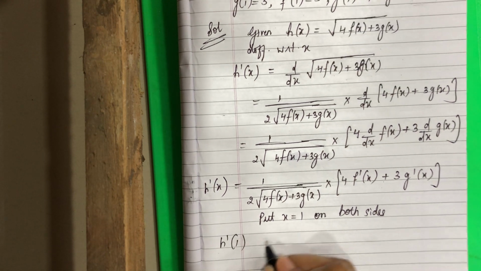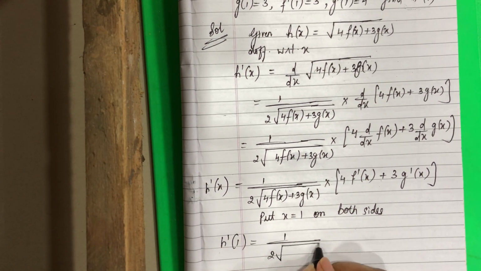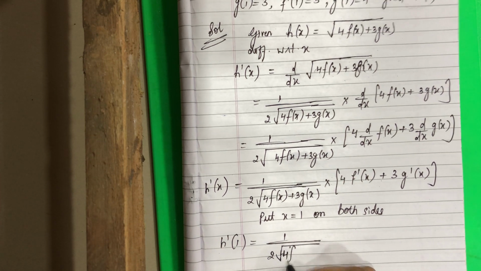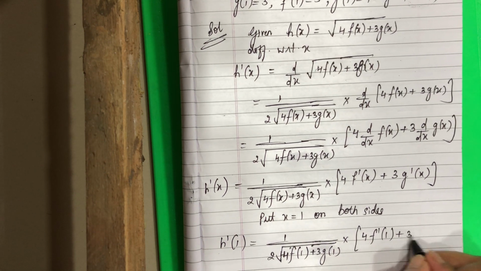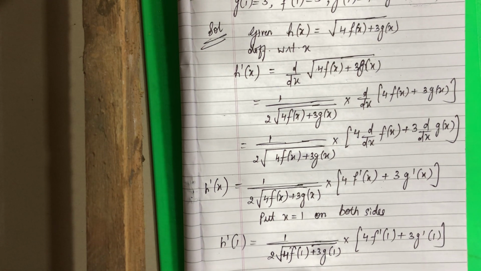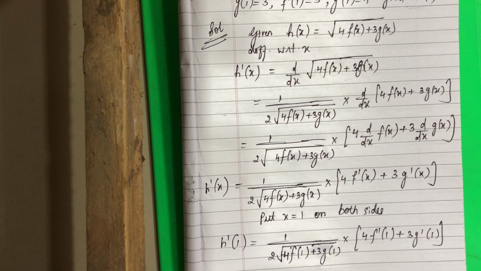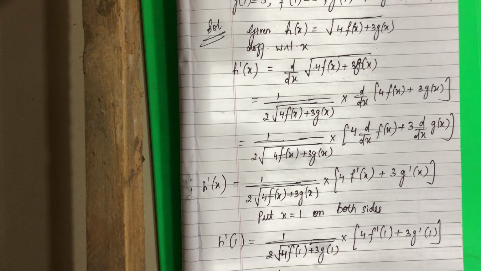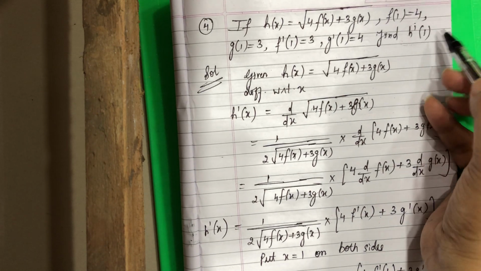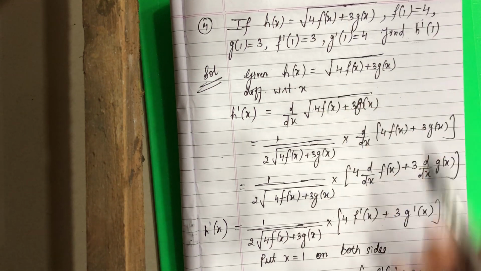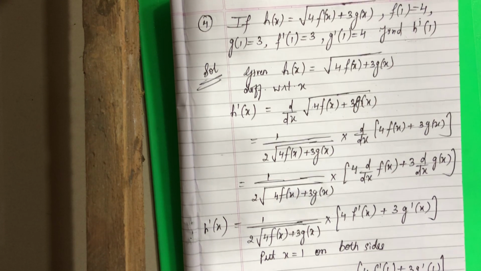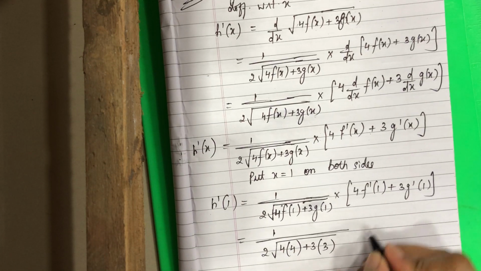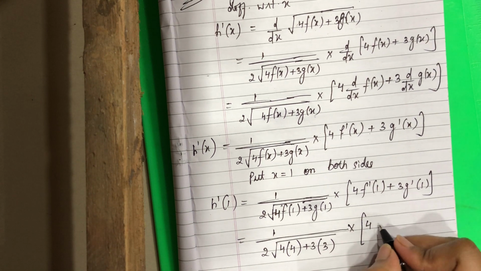So this gives you h dash 1 is equal to 1 upon 2 root 4 f(1) plus 3 g(1) into 4 f dash 1 plus 3 g dash 1. Now substitute all the given values. f(1) is given to you 4, g(1) is given to you 3, so 4 into 4 plus 3 into the value of g(1) is 3 into 4 f dash 1.